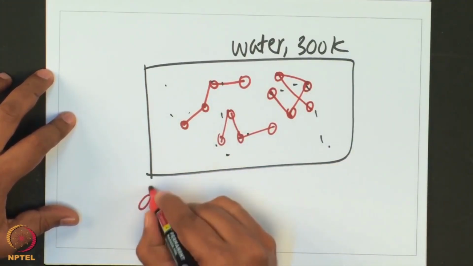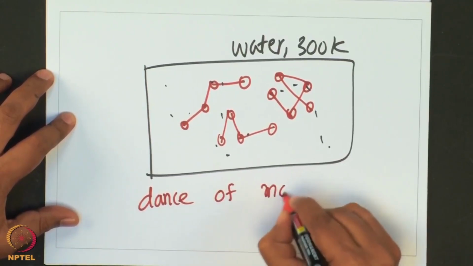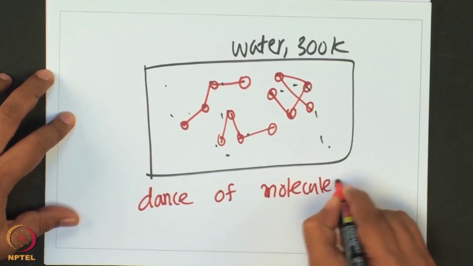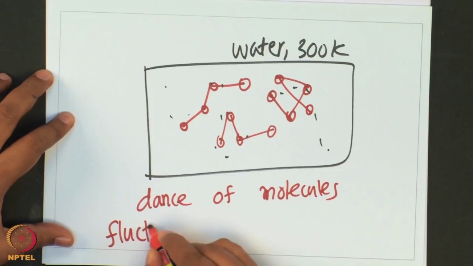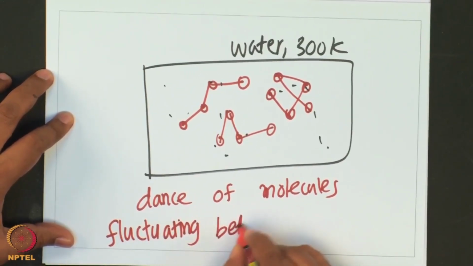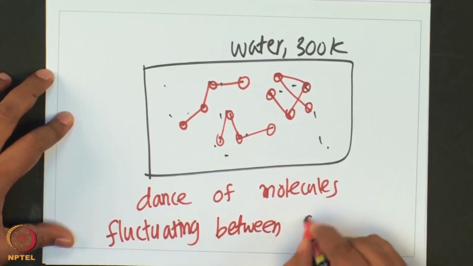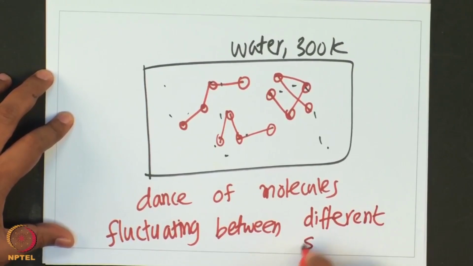So, they would fluctuate between different shapes. There will be a dance of molecules, fluctuating between different shapes. The amount of fluctuation will differ, but there can be some fluctuations.